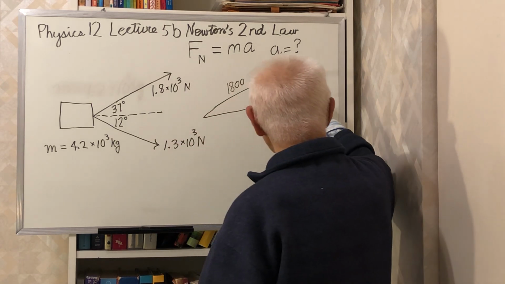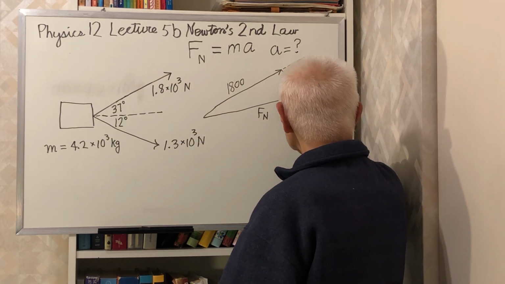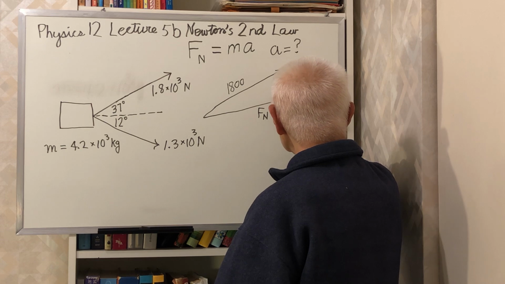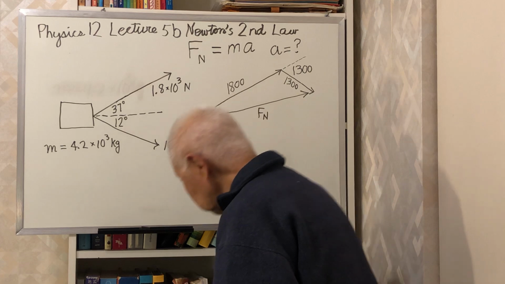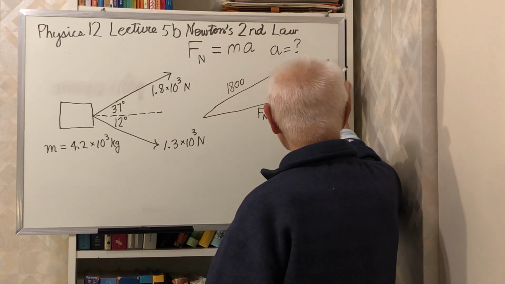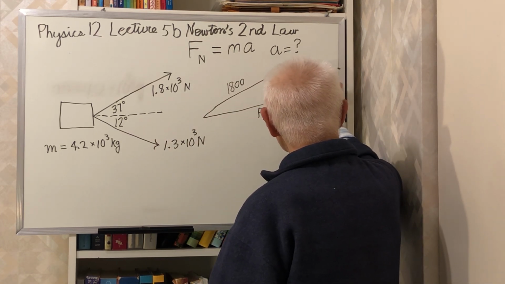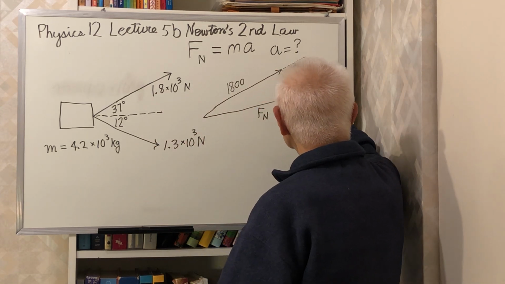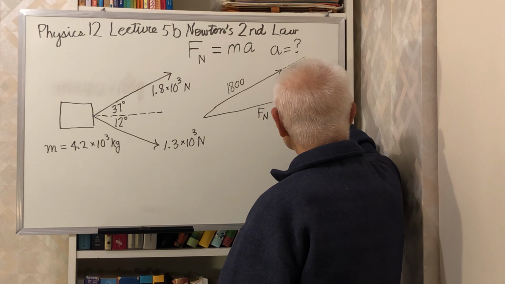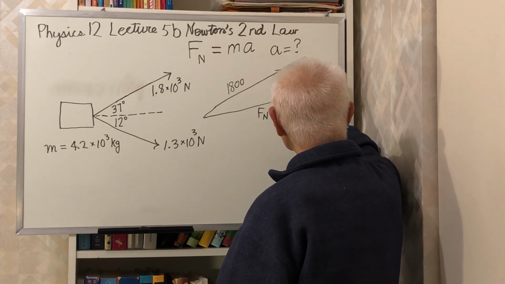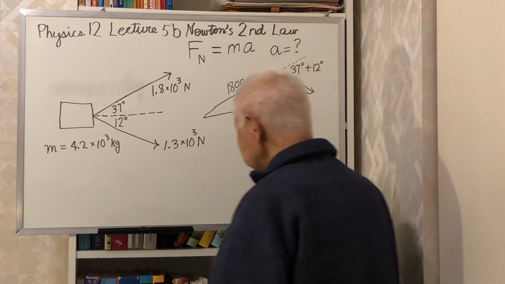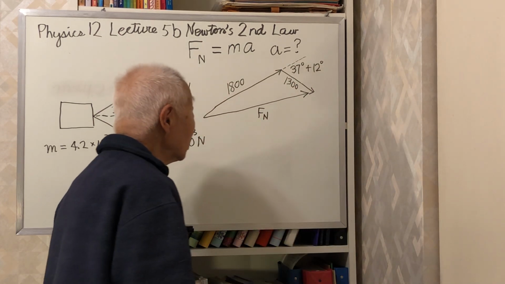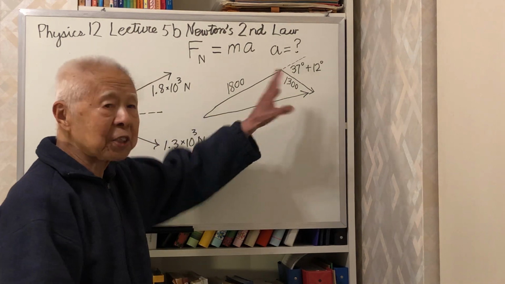Let me erase the 1300. So this is 37 plus 12 degrees. Okay? It's very clear there.